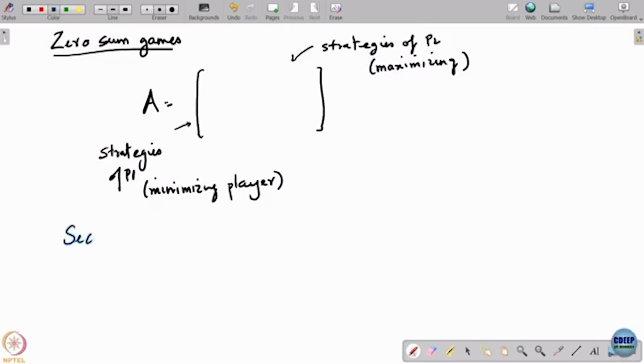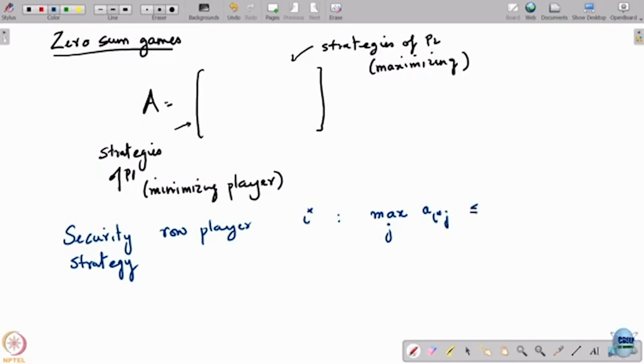So, the security strategy for the row player was a row i star, such that if you take the maximum damage that he could get under i when he plays i star, this was better than what he could get from any other row. Okay. So, i star was a row that satisfied this.